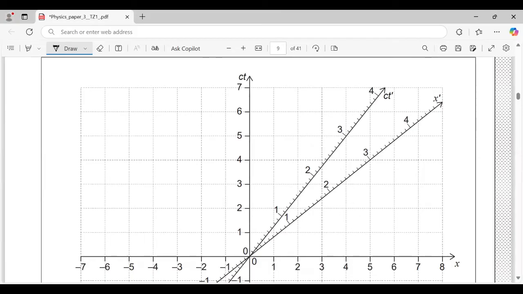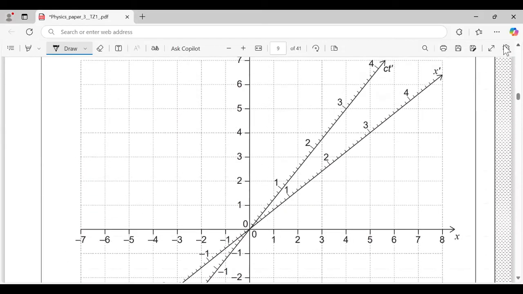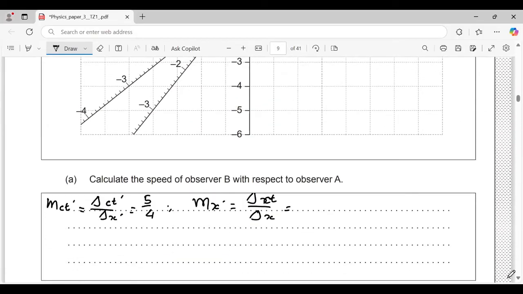So that one is 5, 4. And after that, the gradient or slope of x' is delta ct over delta x. This one, okay, 4 over 5.